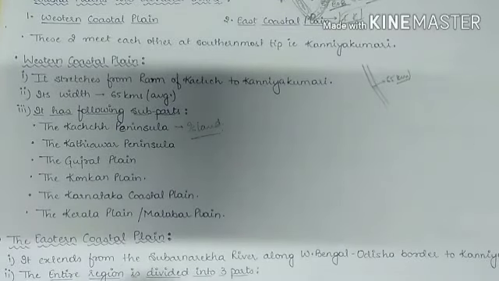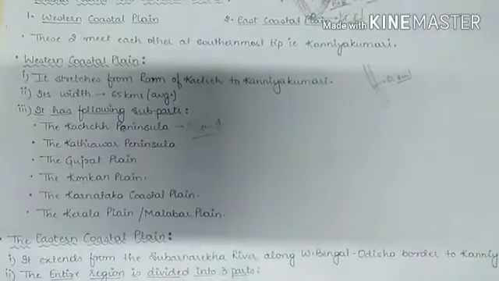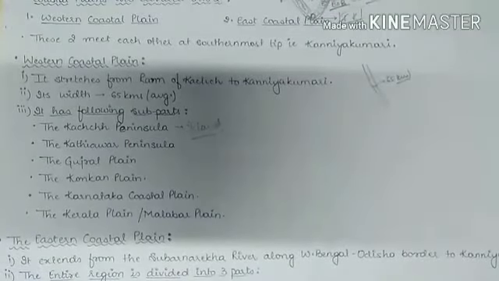Now here in the Kutch Peninsula we have scarcity of rainfall, and the work of flowing surface water is absent. So we have scarcity of rainfall as well as absence of flowing surface water.